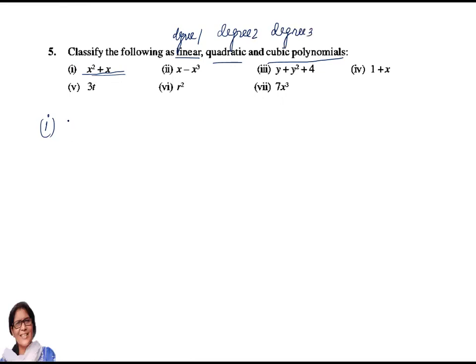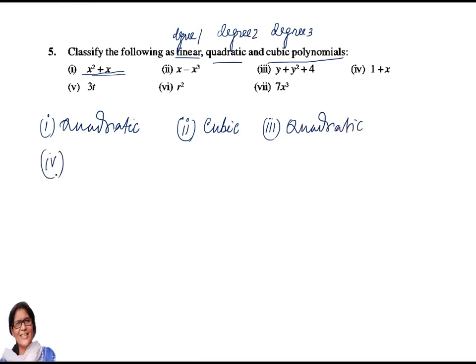First one is quadratic. Second one, yes, cubic. Third one, correct, quadratic. Fourth one, oh yes, it is linear. Fifth one, yes, linear.